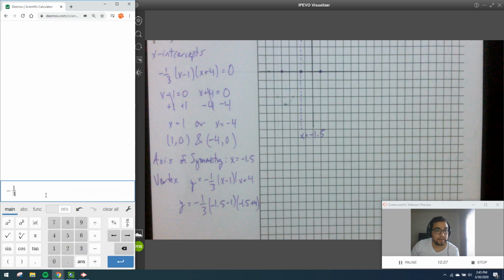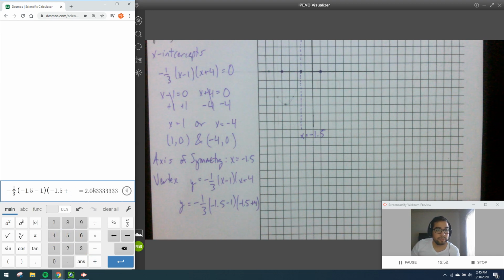-1/3. Okay, need to make sure that I click out so that way you can see that, so that I don't continue writing in my denominator. It's going to be -1.5 minus 1. Right over here is going to be -1.5 plus 4.